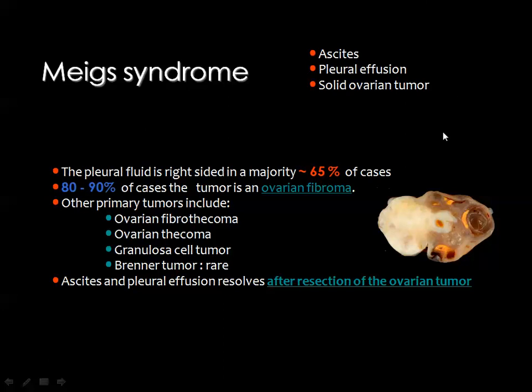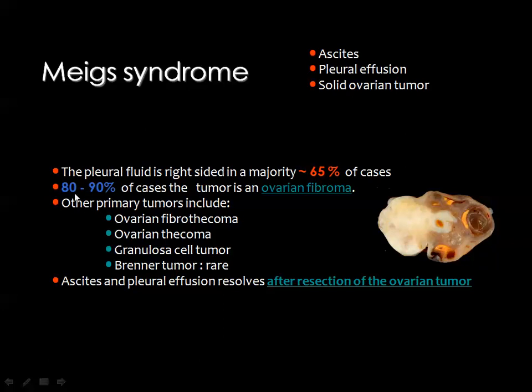This is the triad: ascites, pleural effusion, and solid ovarian tumor, which is usually an ovarian fibroma. And it is well known that ascites and the pleural effusion will resolve after resection of this ovarian mass.